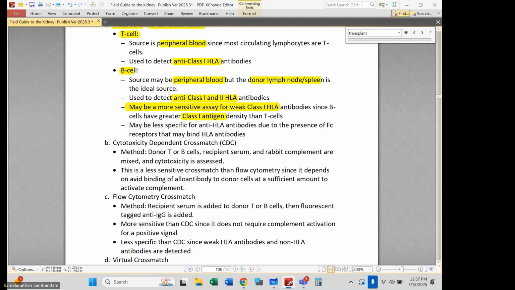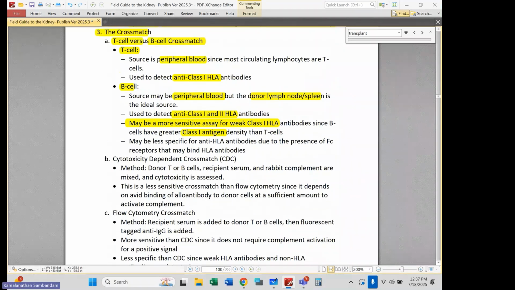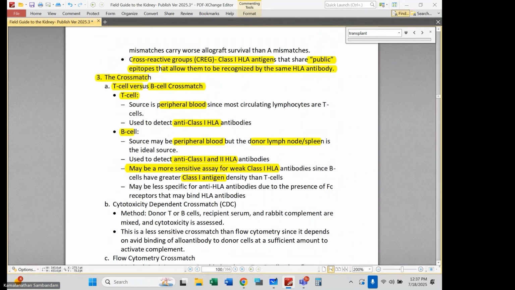Now, this statement is basically saying the B cell is more likely to have, let's call it, false positive antibodies.